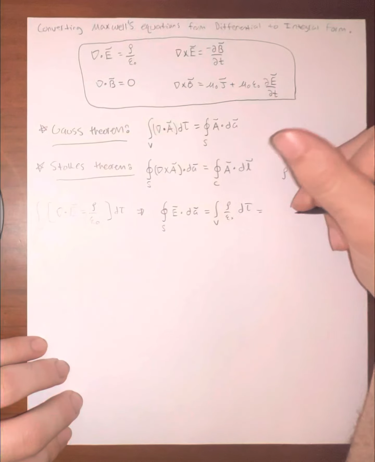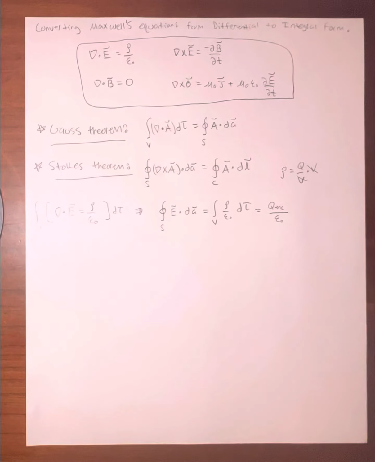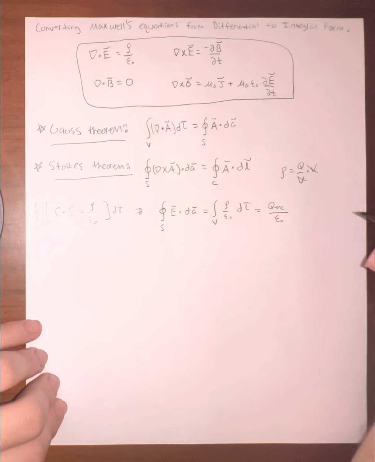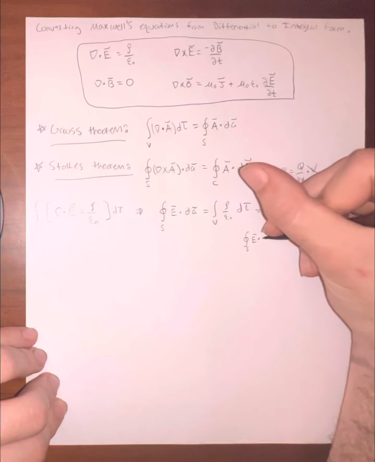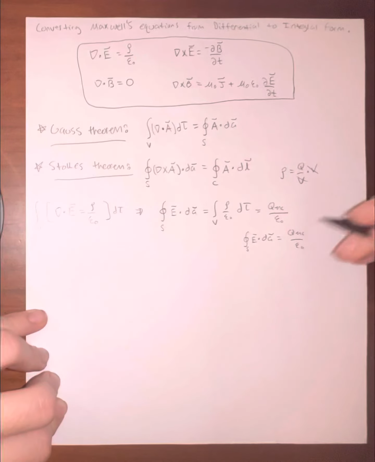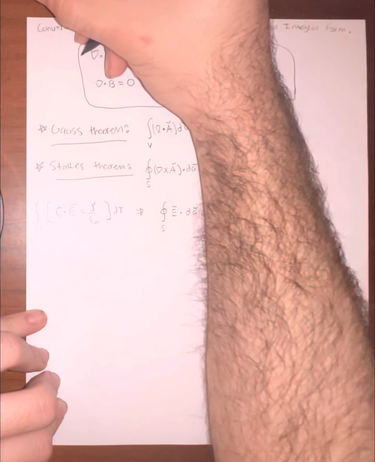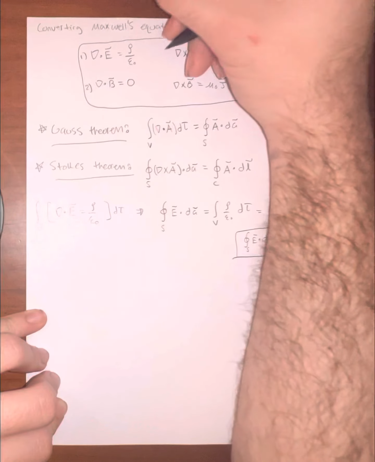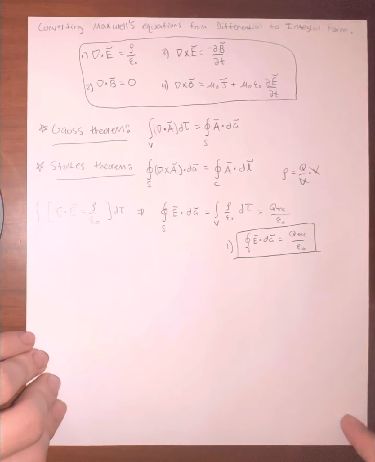So this is just going to equal the enclosed charge over the permittivity of free space. So then Gauss's law in integral form reads, so let's just number them 1, 2, 3, 4, and that's 1.